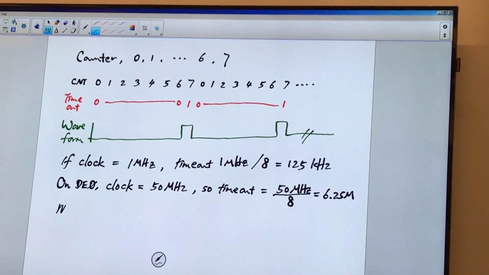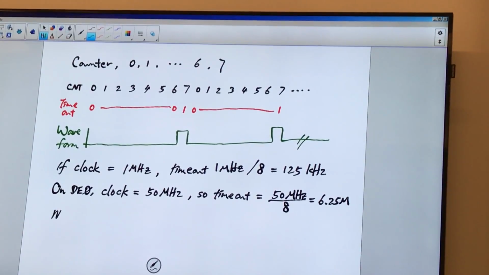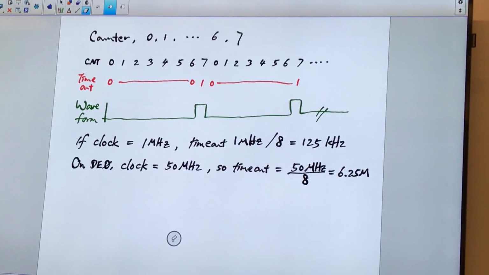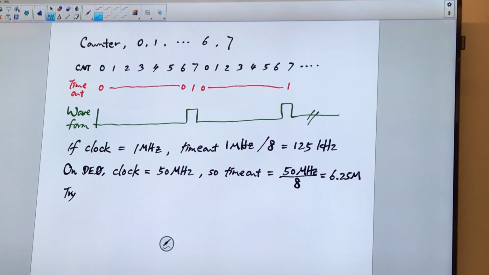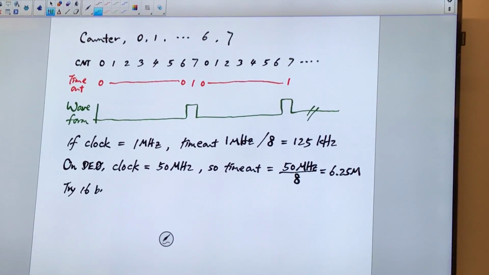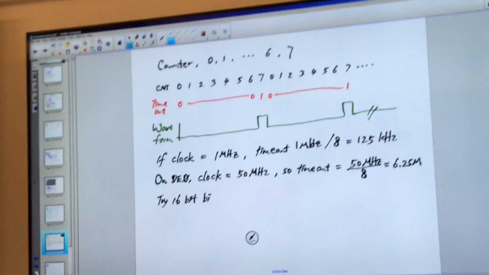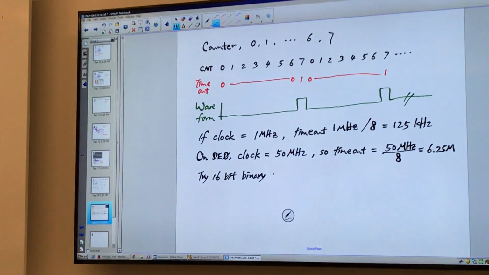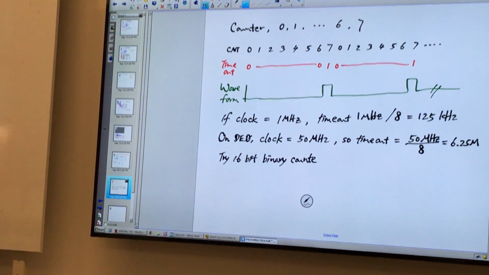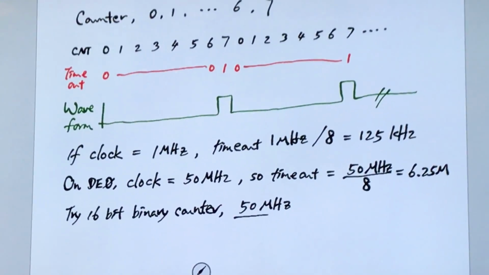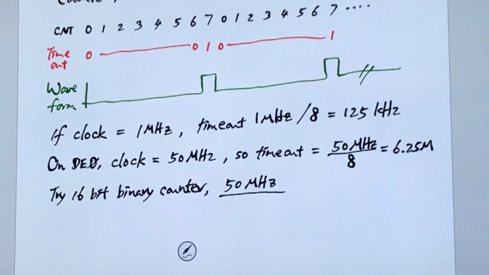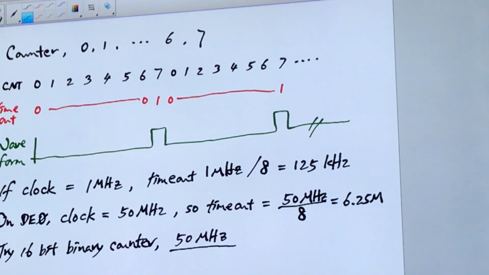We need something to try. A 16-bit binary counter. Now 50 megahertz divided by what should be the denominator? 16?